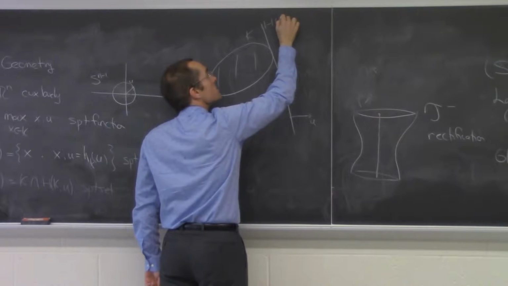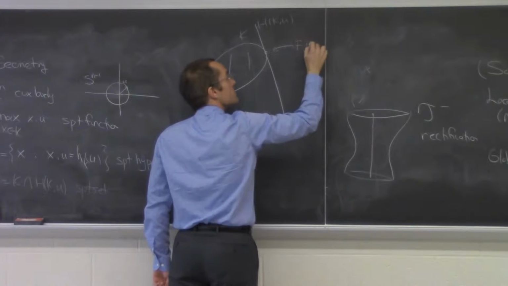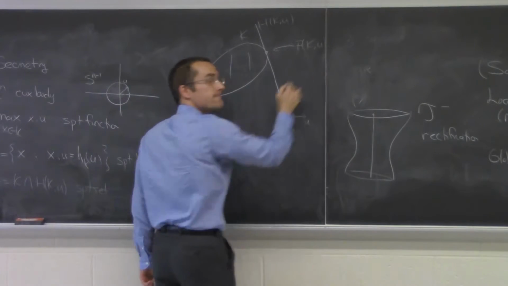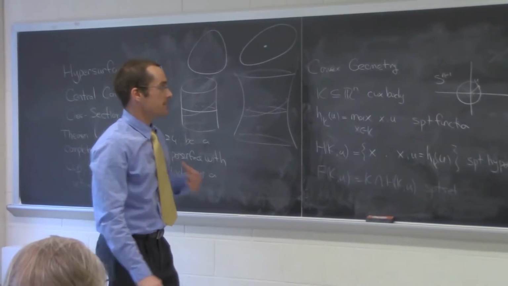This is the support hyperplane, and the point of intersection is the support set.